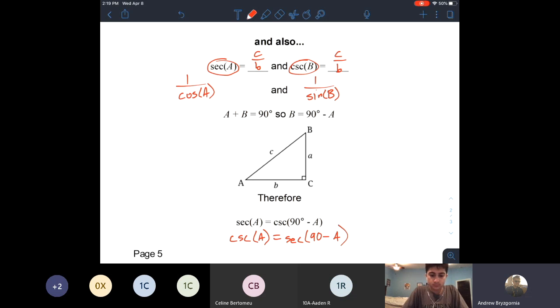You could switch cotangent and tangent, that will still be correct. Okay, can I move on? Yeah.